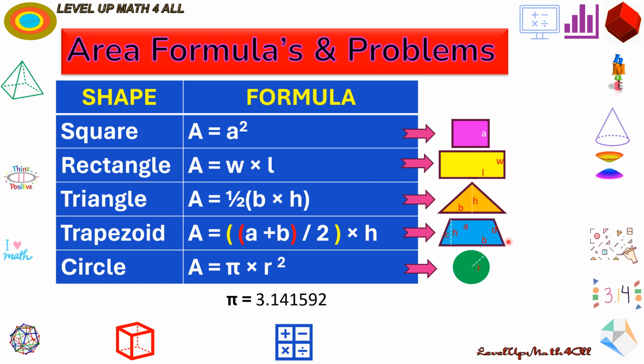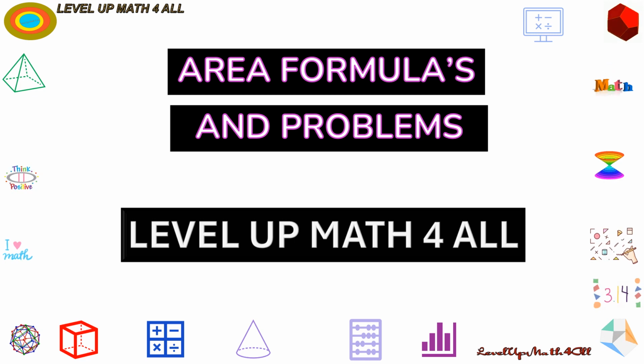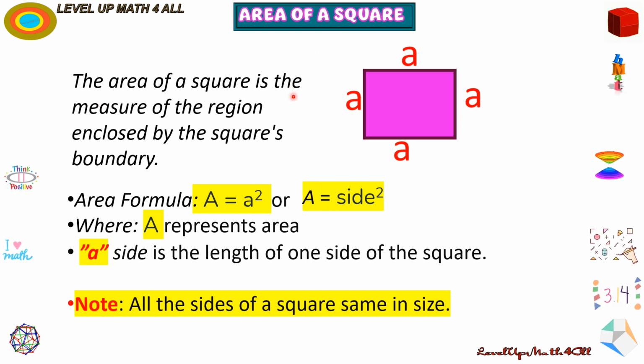So let's go and learn a few problems. Let's try to find the area of some of these 2D shapes with the given values. Let's deep dive to find the area of some of the shapes. The area of a square is the measure of the region enclosed by the square's boundaries.